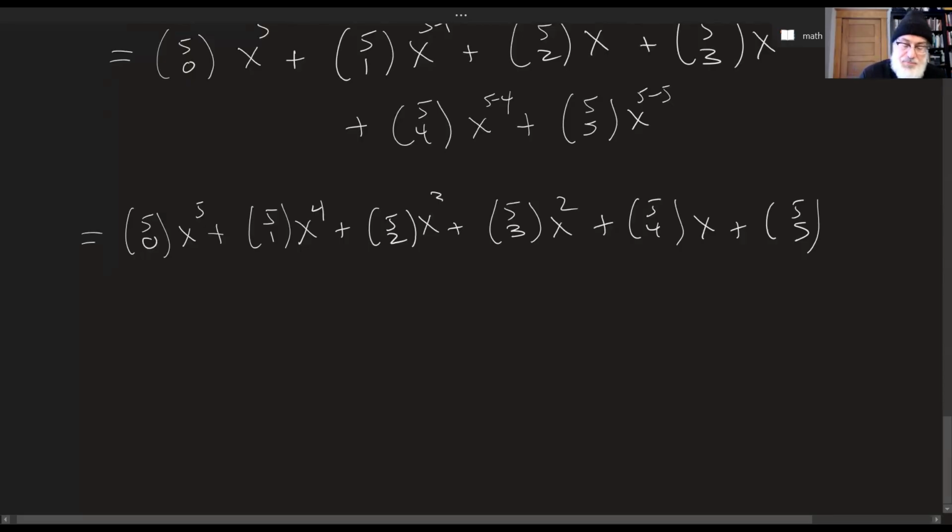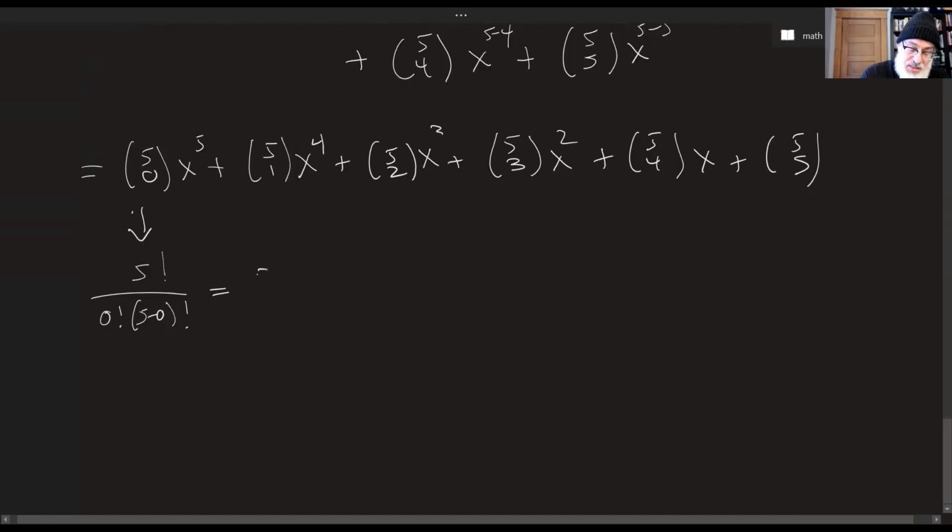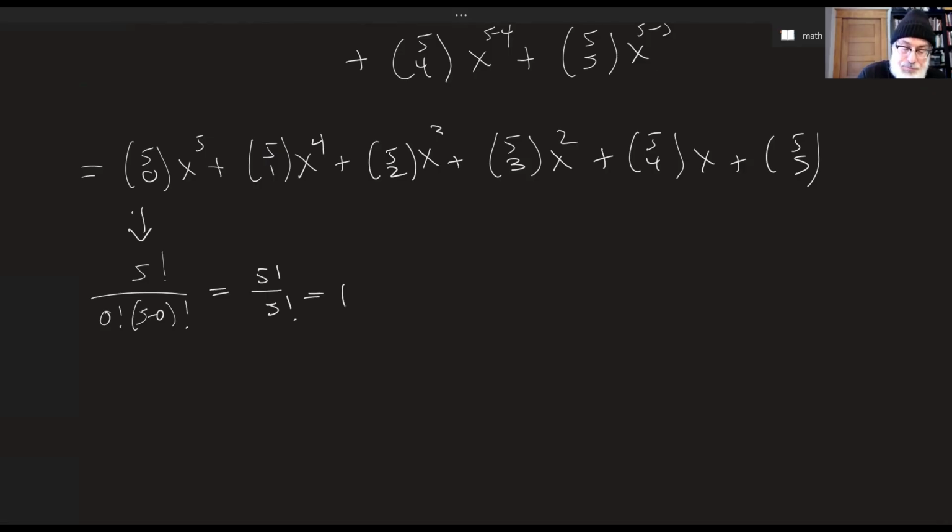Now, each of these, remember, the formula says this is 5 factorial divided by 0 factorial times 5 minus 0 factorial. And so what is that? Well, it's essentially 5 factorial over 5 factorial, which is 1. So the coefficient of x to the 5th is 1.